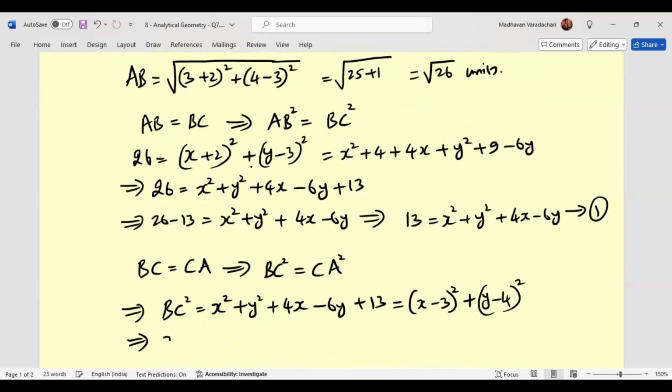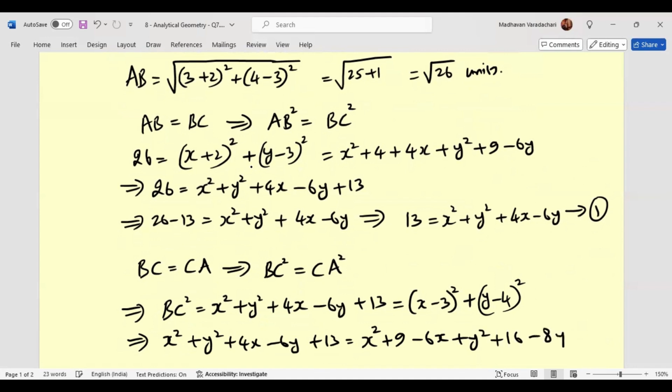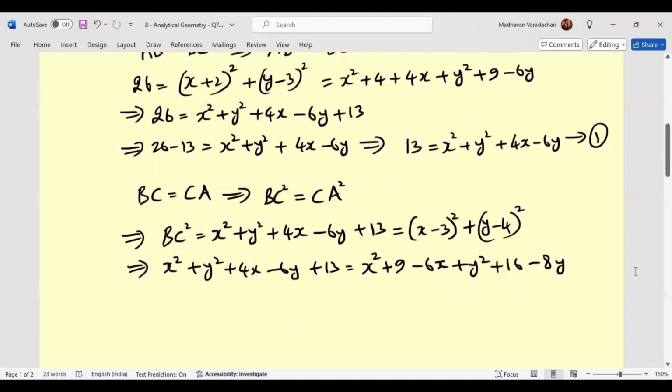That means x square plus y square plus 4x minus 6y plus 13 equal to, let us expand this, x square plus 9 minus 6x plus y square plus 16 minus 8y. Now we can cancel both sides x square, both sides y square. Let us bring everything to the left hand side.